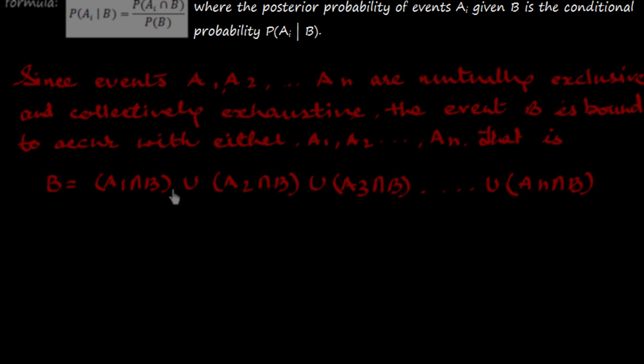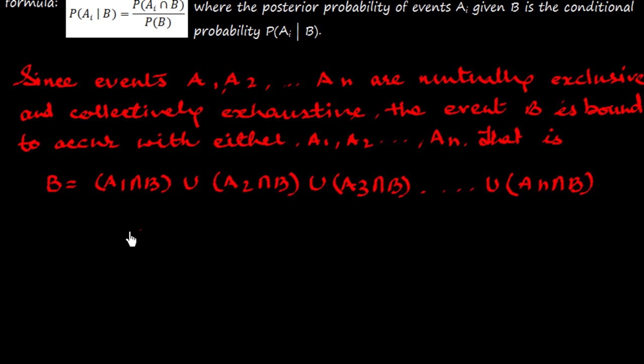Where the posterior probability of Ai given B is the conditional probability of Ai given B. We already know that.